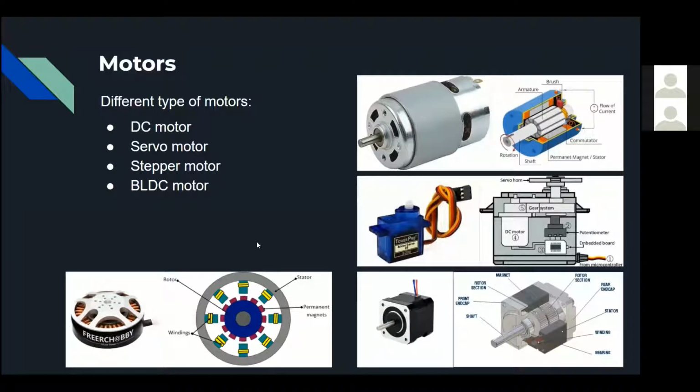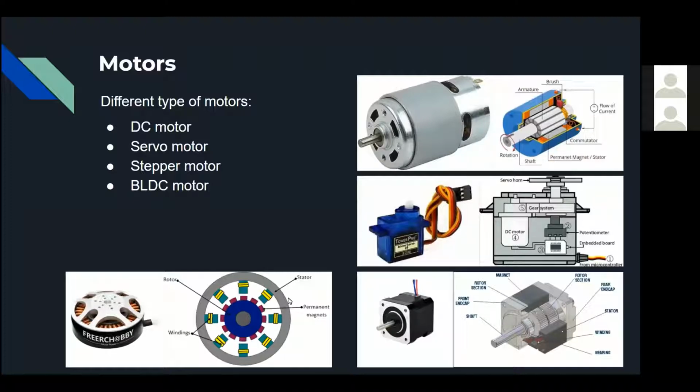One more major difference is that in a normal DC motor, you will have a permanent magnet called the stator, and a rotating coil called the armature. Your magnet will be permanent, and due to the current applied across the terminal, the armature gets magnetized and cuts the magnetic field of the permanent magnet, so it starts rotating. This is how a DC motor starts.